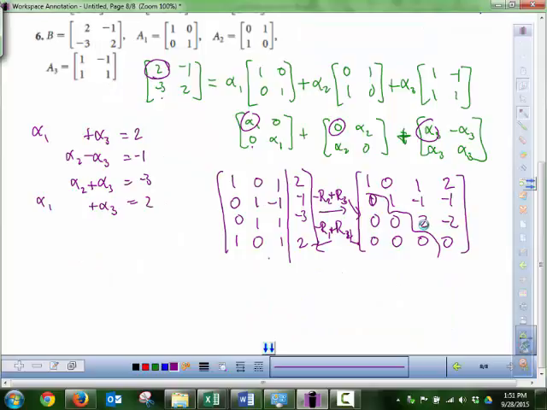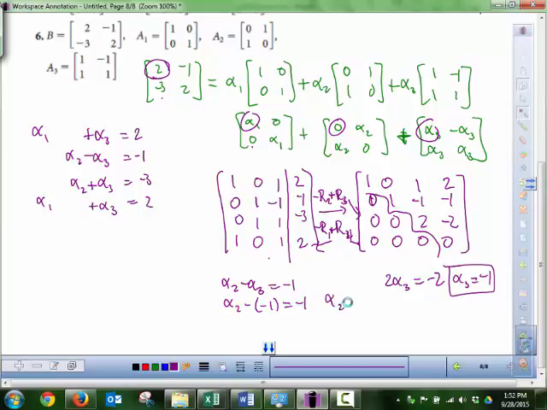So this is alpha 3. 2 alpha 3 is equal to negative 2, which means alpha 3 is equal to negative 1. The next one is alpha 2 minus alpha 3 is equal to negative 1. Alpha 3 is negative 1. Alpha 2 minus negative 1 is equal to negative 1. So alpha 2 is equal to negative 2.